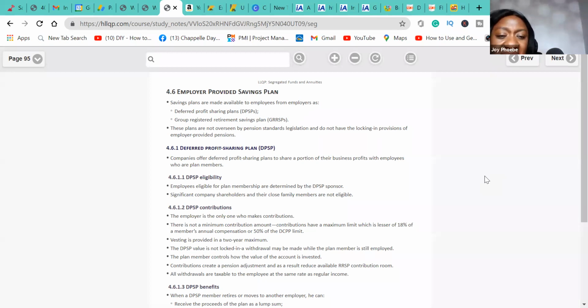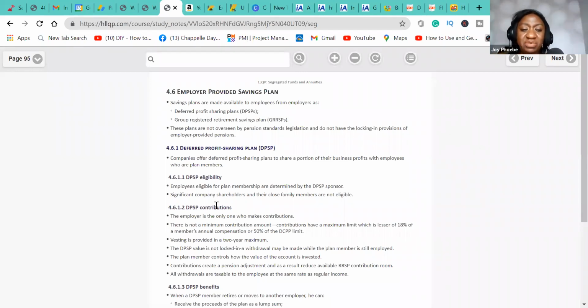Okay, these plans are not overseen by pension standards legislation and do not have the lock-in provision of the employer provided pension. Okay, so now we have deferred profit sharing plans and group registered retirement savings plans. These are employer provided savings plans.